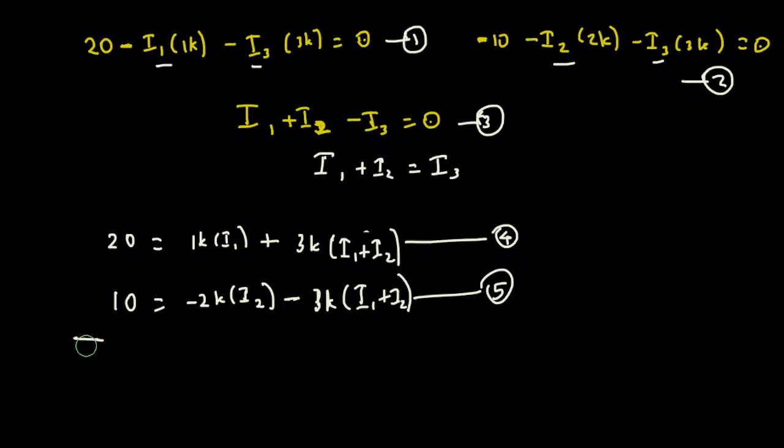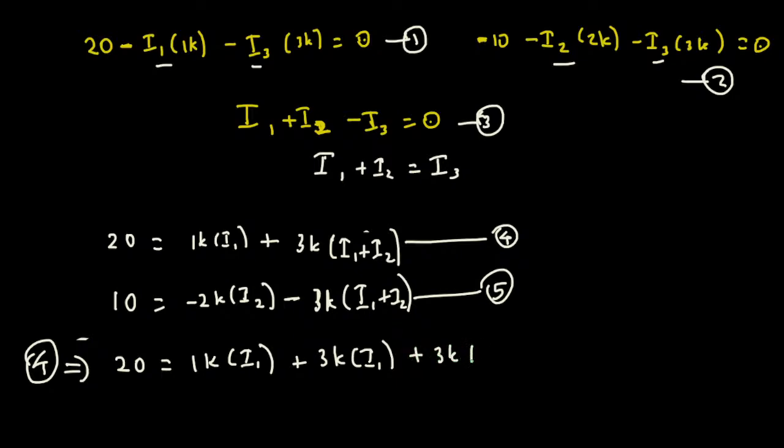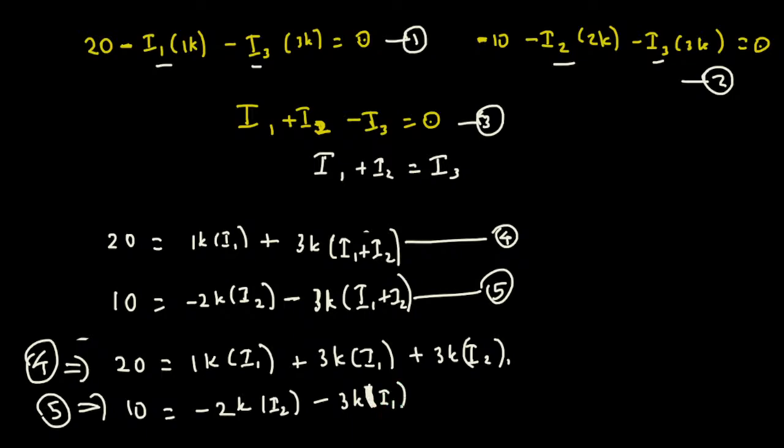If I expand the fourth one, that is 20 is equal to 1k times I1 plus 3k times I1 plus 3k times I2, and then if I expand the fifth equation, that is 10 is equal to minus 2k times I2 minus 3k times I1 plus 3k times I2.